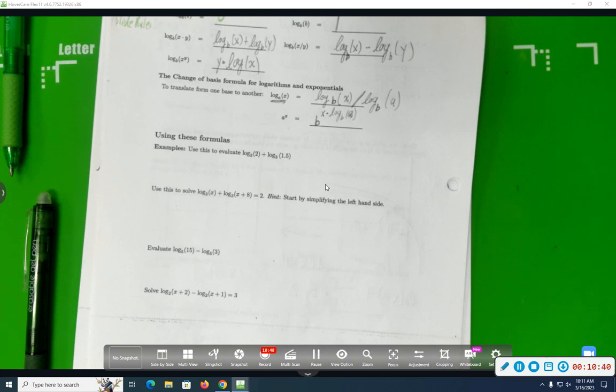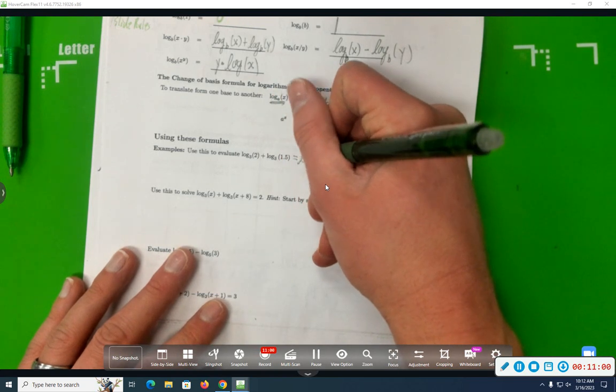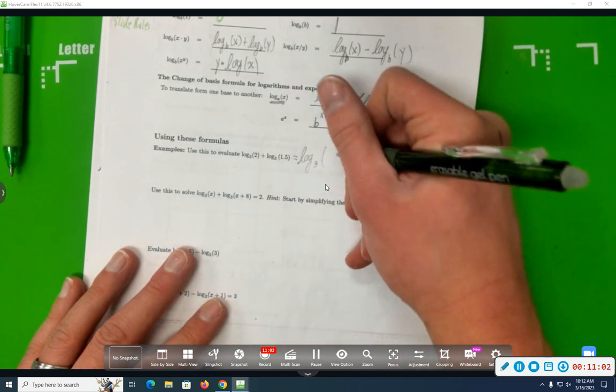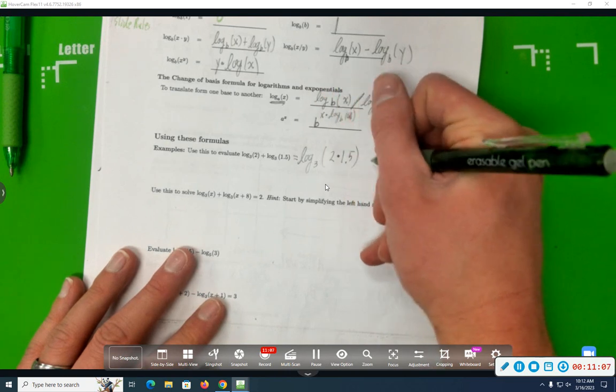Nice. So the way I stated it is log turns multiplication into addition, but equality goes both ways. It also says that if you have two logs with the same base added together, you can replace it with multiplication inside of a single logarithm. So doing that, this is equal to the logarithm base 3 of 2 times 1.5.